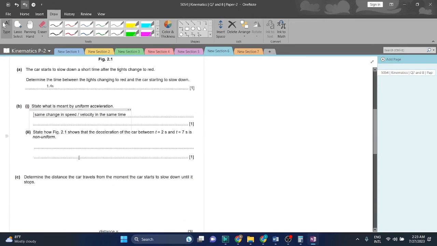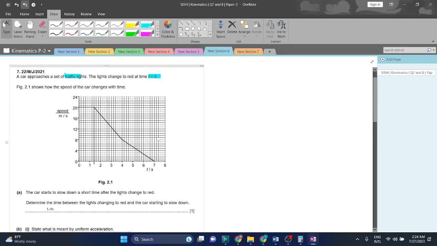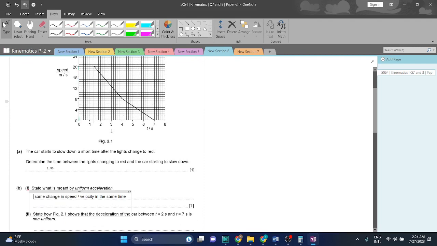State how figure 2.1 shows that the deceleration of the car between 2 and 7 is non-uniform. It is non-uniform because 2 is here and 7 is here. The deceleration at the start is different, and there is a change in deceleration at second 4. There is a change in the intensity of deceleration.